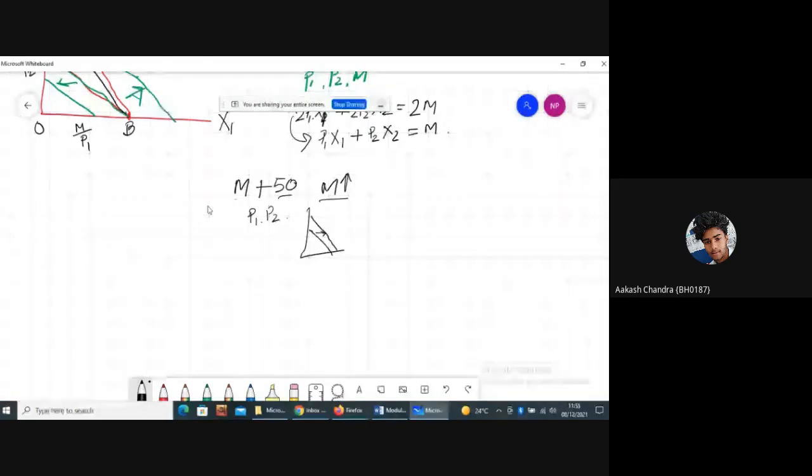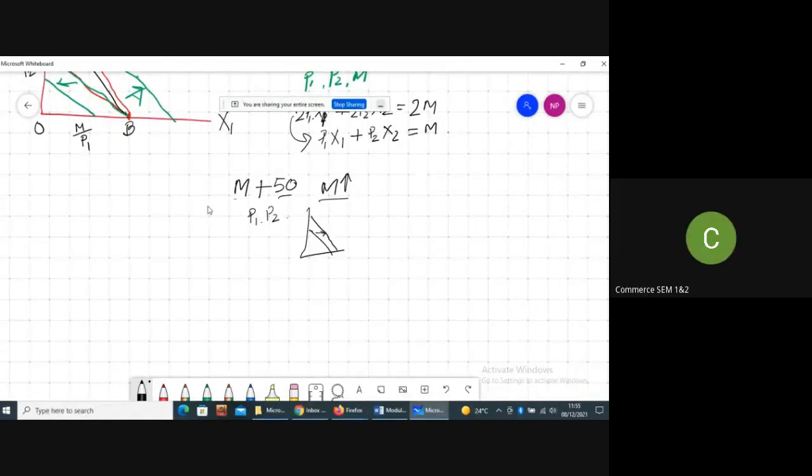Move towards left, parallelly. Yes. If you have to spend 50 rupees, then your new income will be M minus 50. That means your money income reduced. So your new budget line will shift to the left parallelly. Clear? Yes, sir.